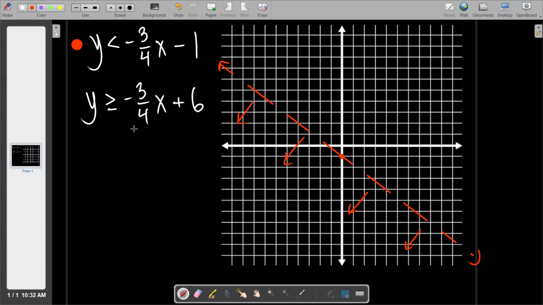And then my other line, I hope you agree, yellow dot guy is going to start at up 6. And his slope will mimic the slope of his buddy, down 3 for every 4 to the right.